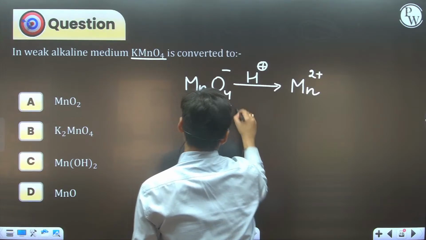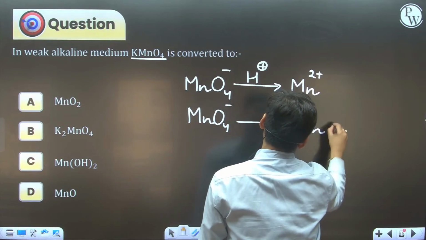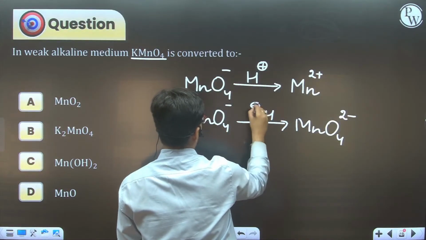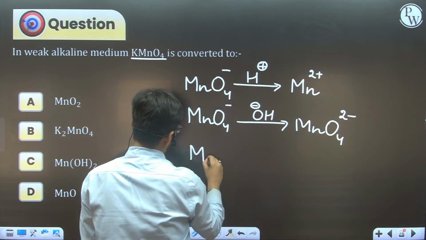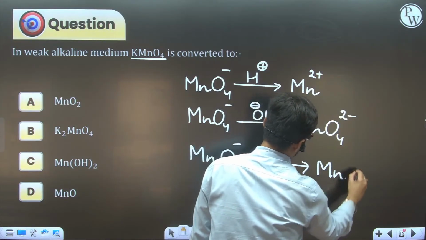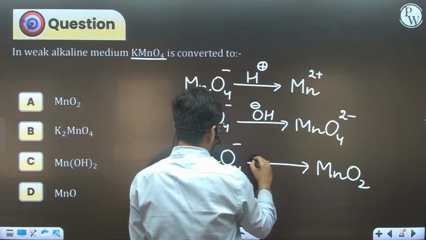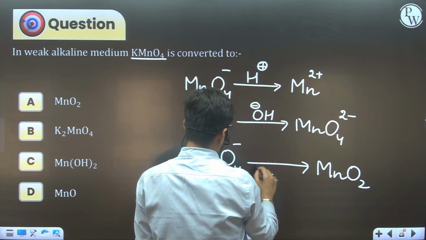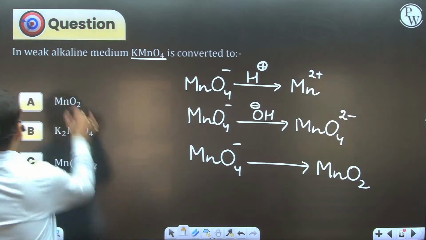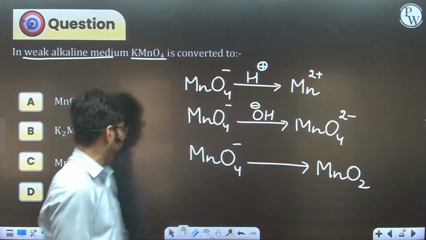MnO4 minus gets converted to MnO4 2 minus in strongly basic medium. And MnO4 minus gets converted to MnO2 in weakly basic or neutral medium. In the question, it is weak alkaline, that means the third one, so MnO2.